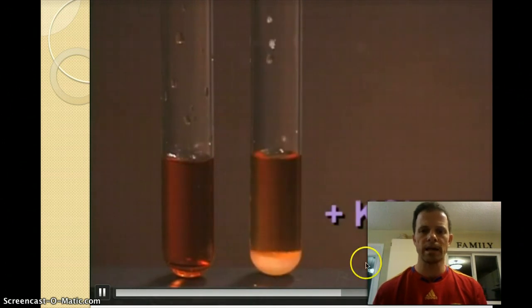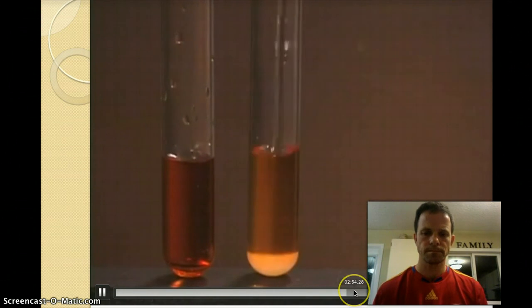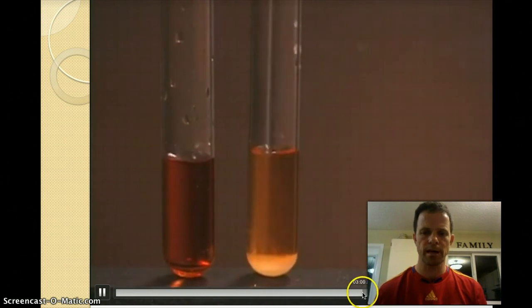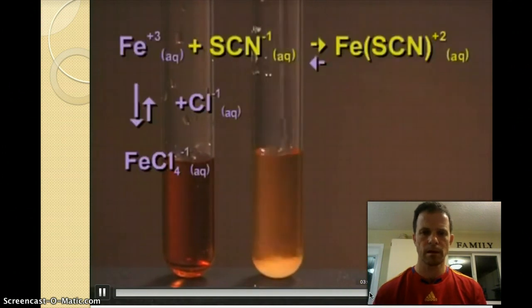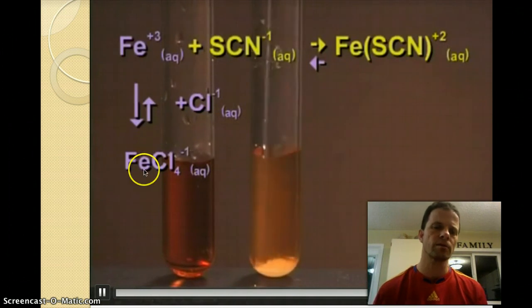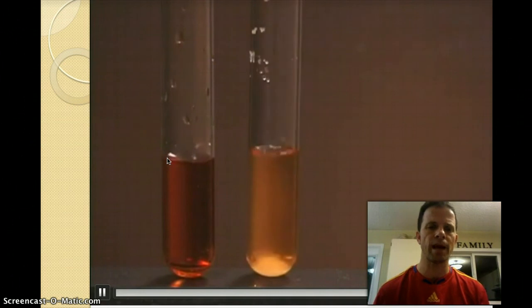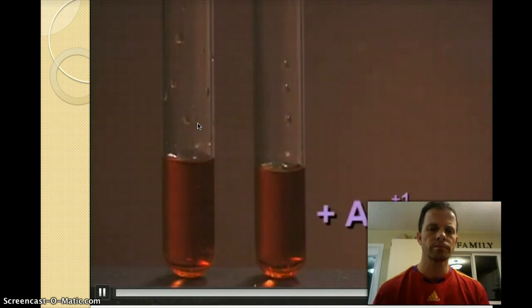Here we're adding KCl. Let's see what happens with KCl. KCl reacts with iron, again, the iron and the K do a double replacement reaction, and again, we're removing iron.